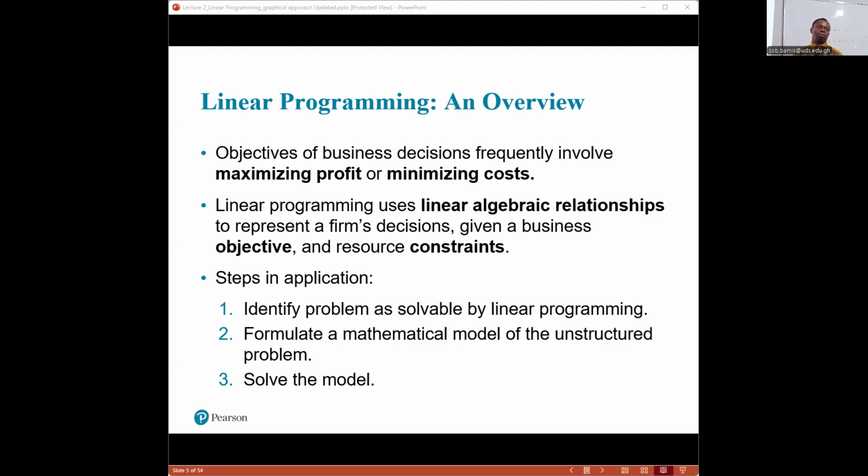Nothing more than that. So that is what we call the resource availability constraints. So the firm is therefore required to maximize profit subject to what? Labor constraint and what? Clay constraints. Okay.